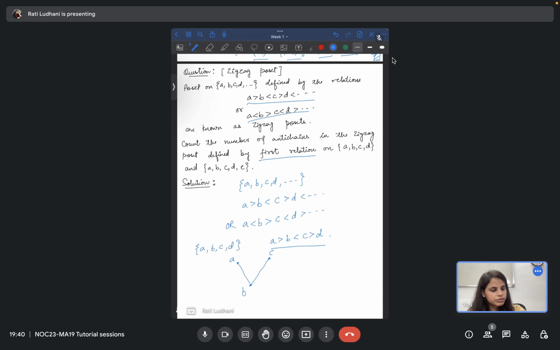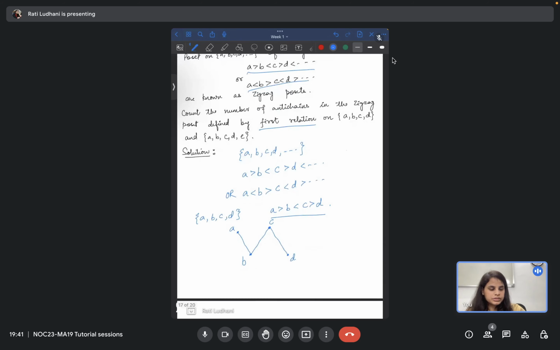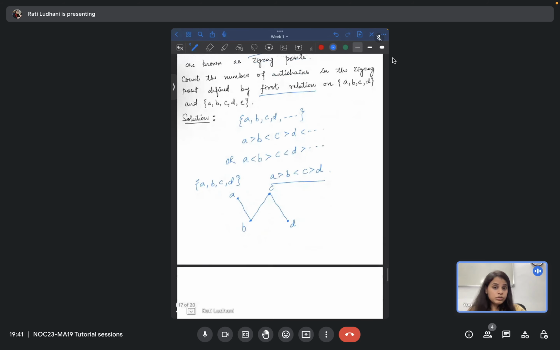Then you take D. So you have such a zigzag Hasse diagram, and that's why it's called a zigzag poset. Can you tell me the number of anti-chains in this zigzag poset? Now it has been asked how many anti-chains you can construct, so let's try to construct them.